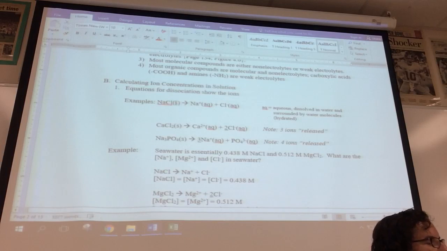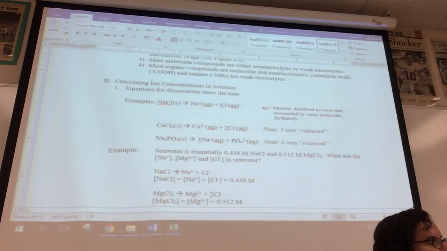Sodium chloride as a solid, when dissolved in water, generates sodium ion and chloride ion. This equation is balanced: one sodium, one chlorine. The i, or the ions released, is the sum of the coefficients of the products.